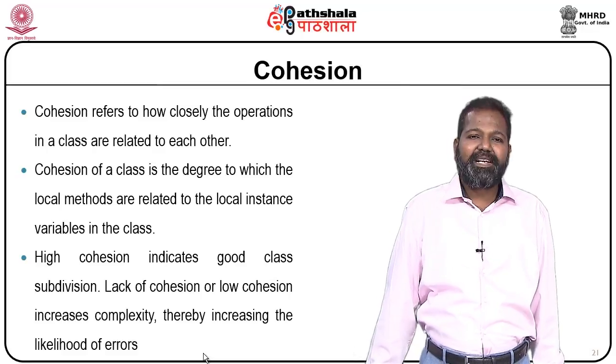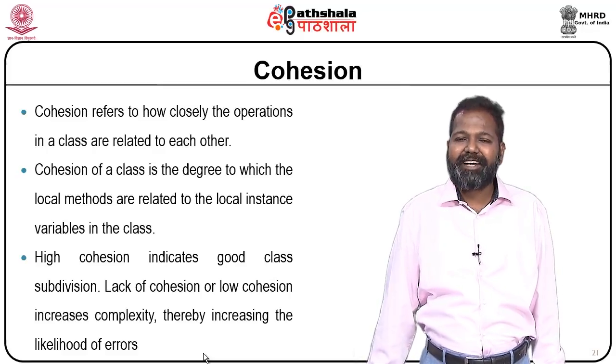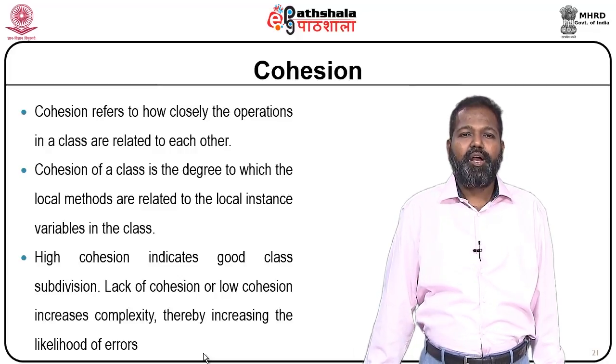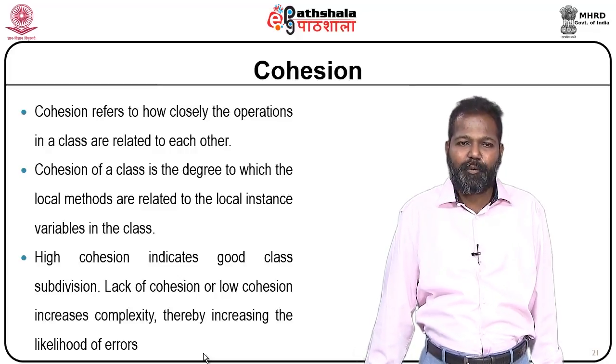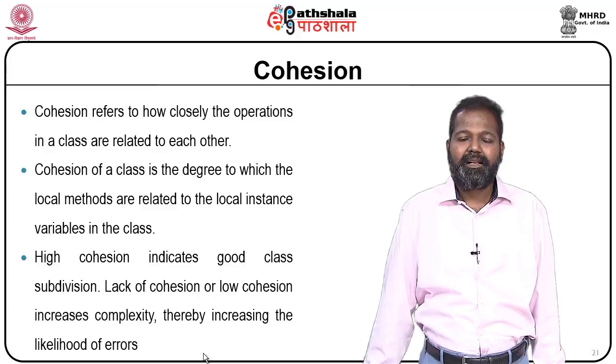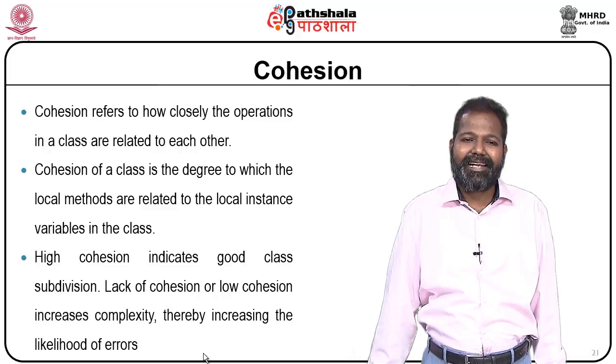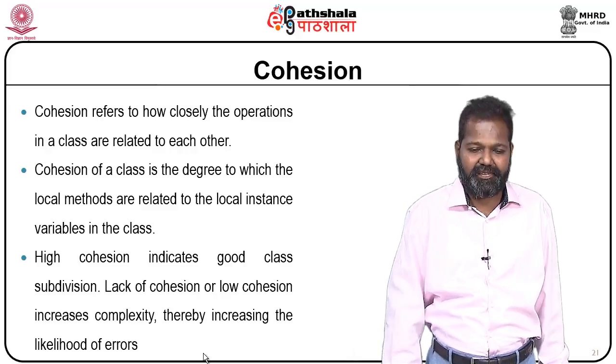Cohesion refers to how closely the operations in a class are related to each other. Cohesion of a class is the degree to which the local methods are related to the local instance variables in the class. High cohesion indicates good class subdivision. Lack of cohesion or low cohesion increases complexity, thereby increasing the likelihood of errors.